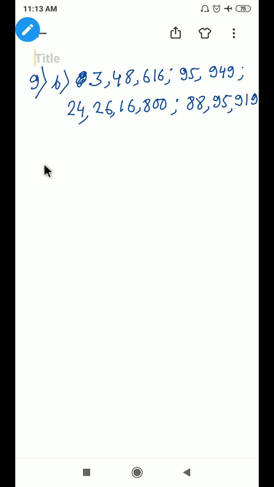So you have to arrange these numbers, firstly in ascending order, then descending order.